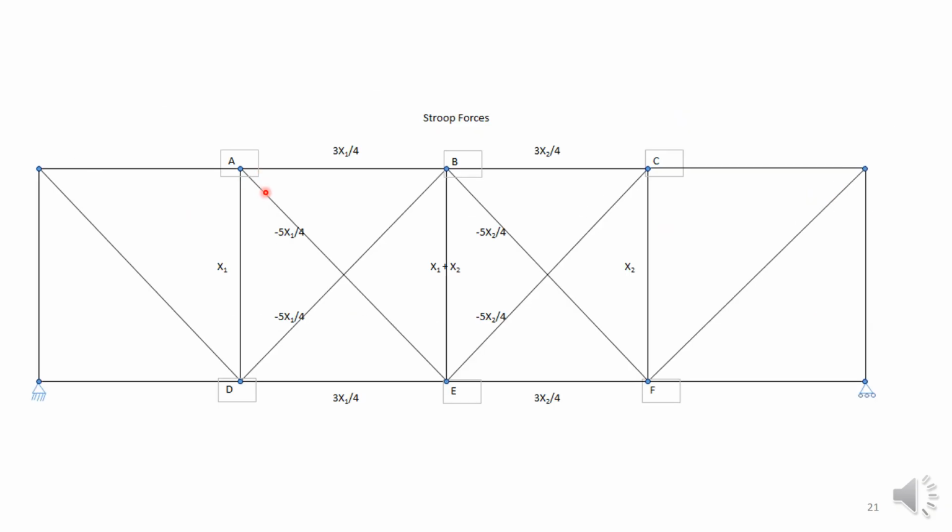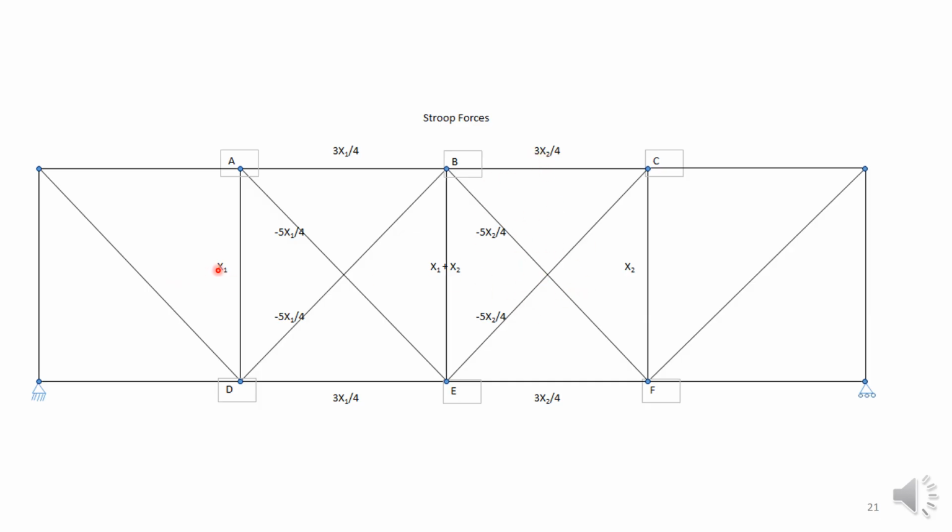Now we will look at the Stroop forces. Here I have the truss, and for each Stroop we put in Stroop forces. I am using Stroop forces as a multiple of x1 and x2, x1 for this left hand Stroop and x2 for this right hand Stroop.